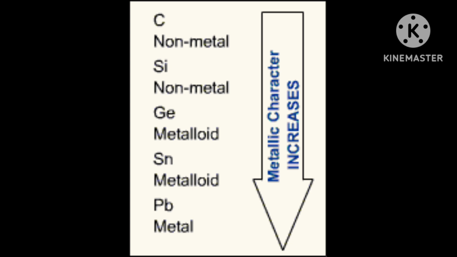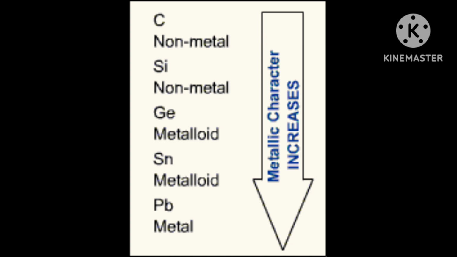Carbon and silicon are non-metals. Listen here. Germanium is a metalloid.